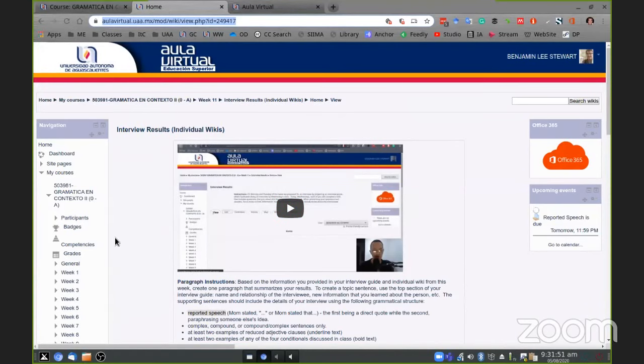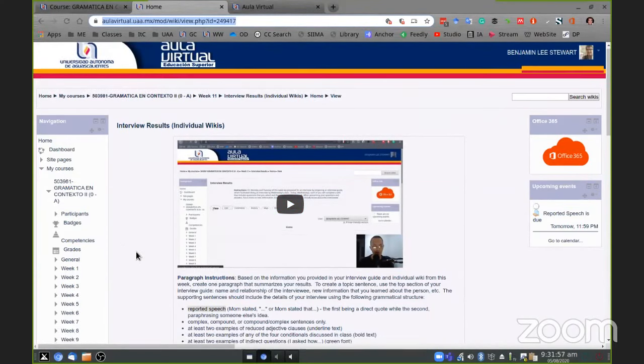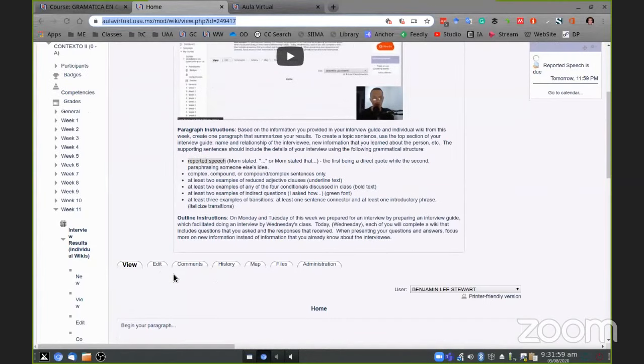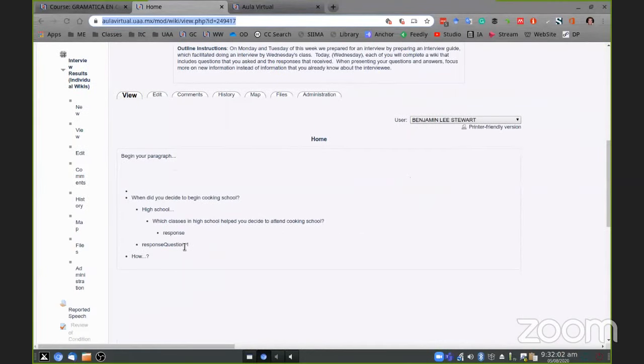Okay, guys, just a quick reminder that when you complete your paragraph, make sure that you include the paragraph that you're going to upload as an assignment and the outline that you completed beforehand, and make sure that that is in your individual wiki. This is also part of the requirement for this week's assignment. All right.